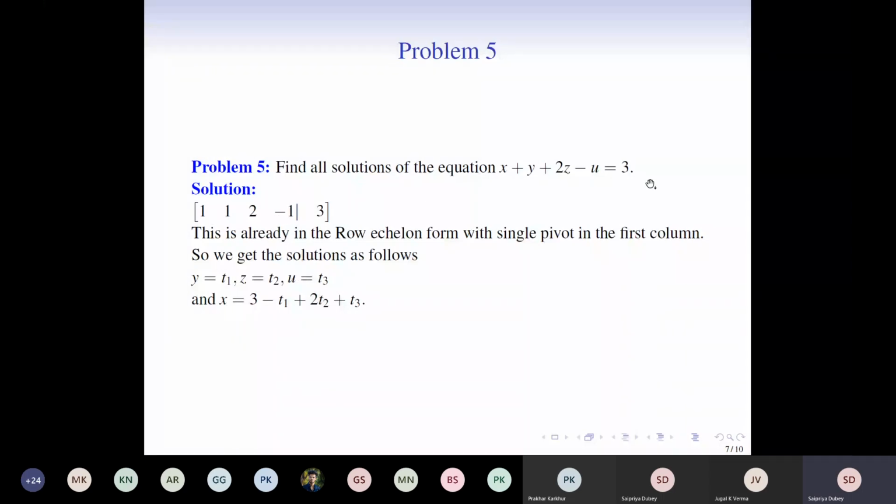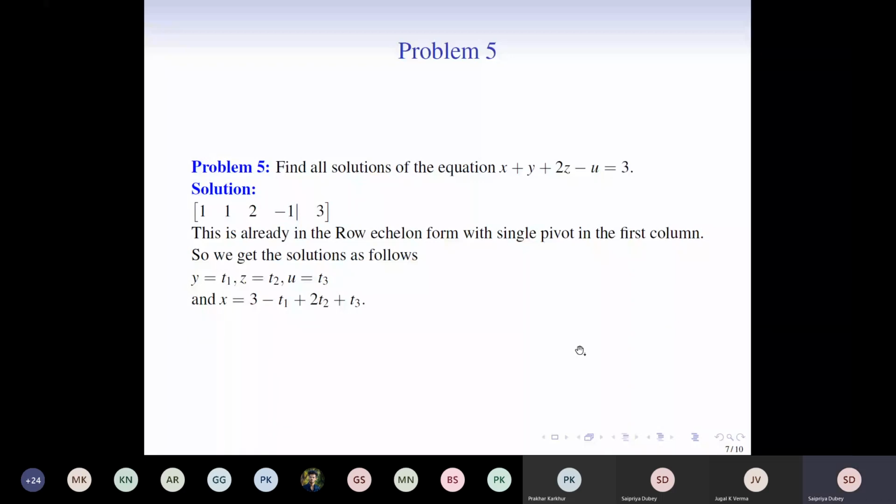We get exactly this equation, and then x is equal to, shifting everything to the RHS and substituting y, z, and u as t1, t2, and t3. So we get x to be this. Therefore, we have got all the values of x1, y, z, and u. I'm mentioning again, please write t_i belongs to R for i equal to 1, 2, and 3.